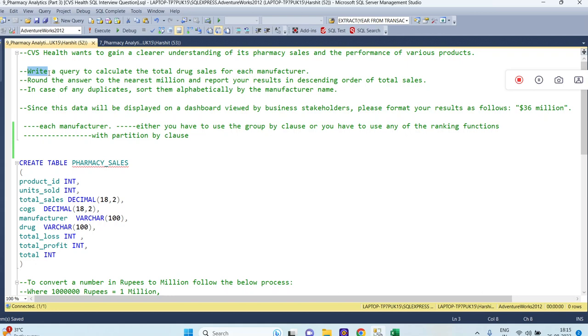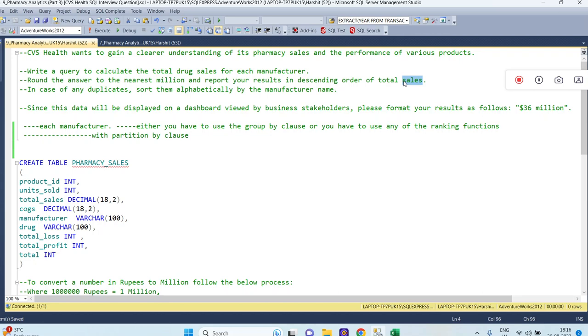Now, what is our requirement? Write a query to calculate the total drug sales for each manufacturer. Round the answer to the nearest million and report your result in descending order of total sales. So, the highest total sale will come first, then the second highest sale will come second, like that.